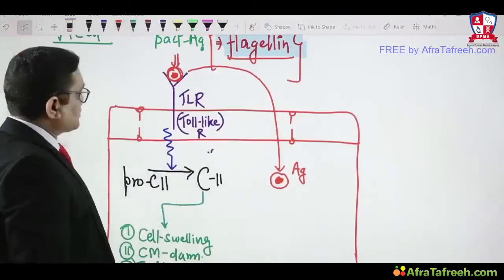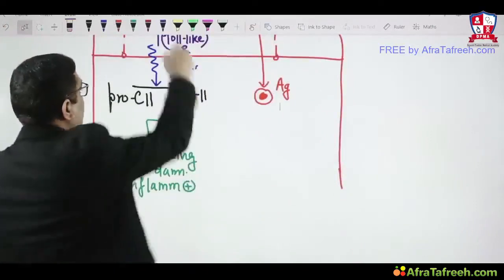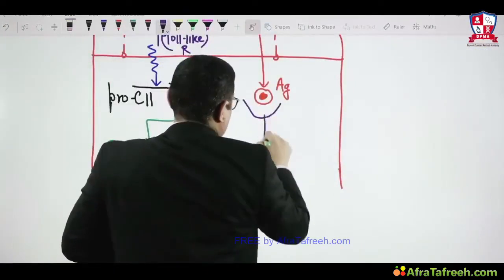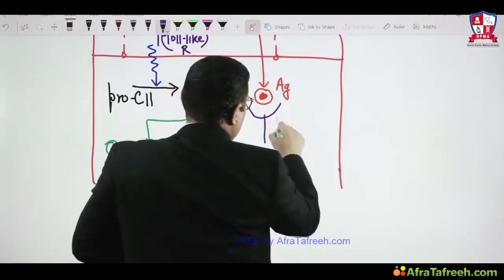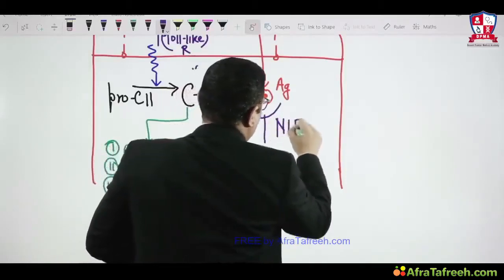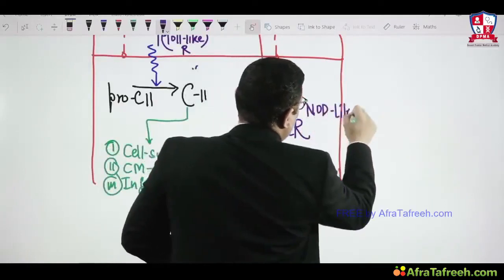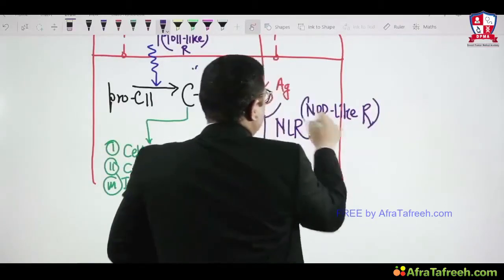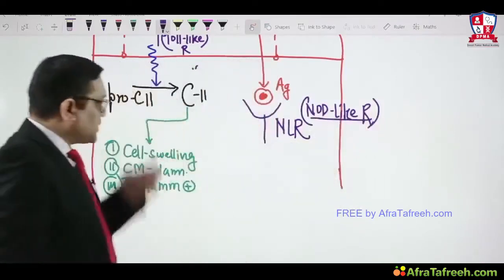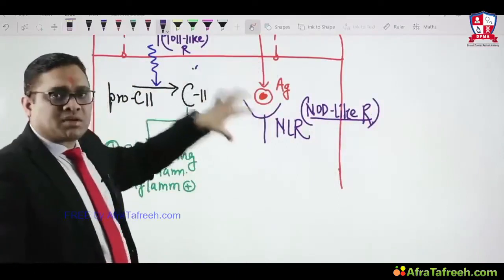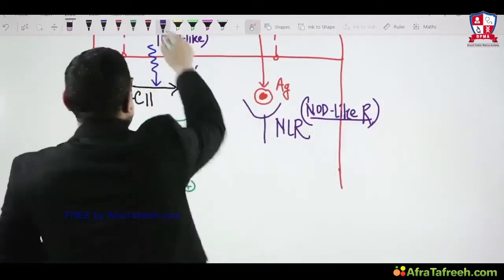What will happen in the cytoplasm? There is another receptor called the Nod-like receptor, NLR, which is present inside the cytoplasm.